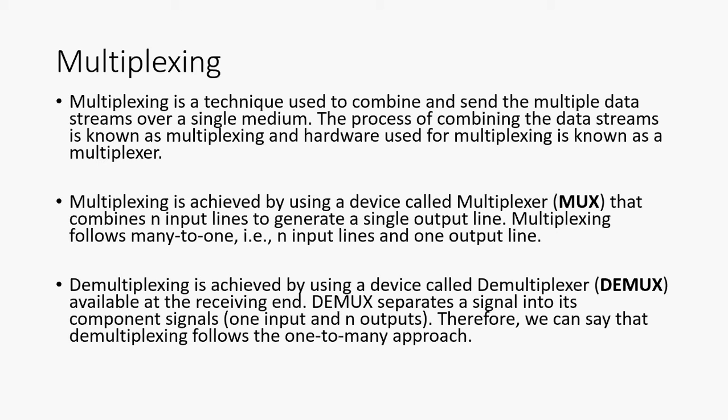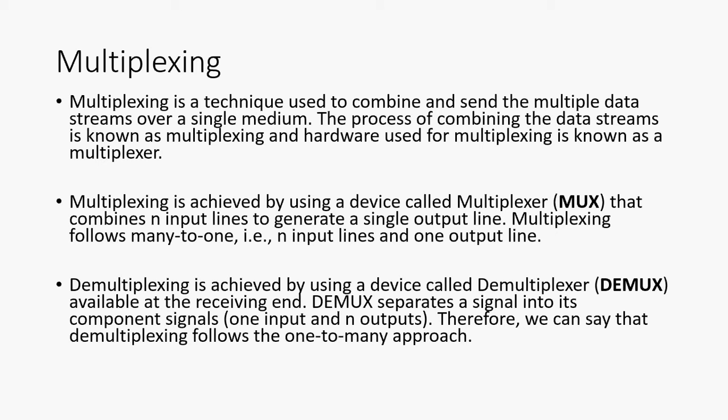Multiplexing is basically achieved by using a device called multiplexer that combines n input lines to generate a single output line. Multiplexing follows many to one approach, that is n input lines and single output line.